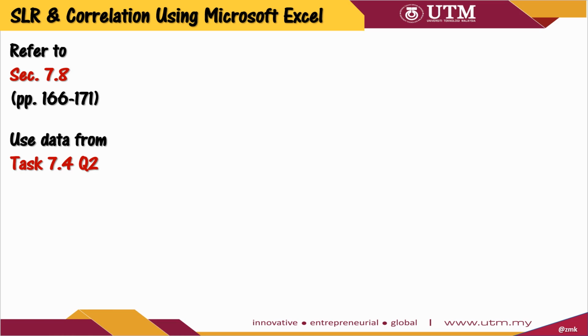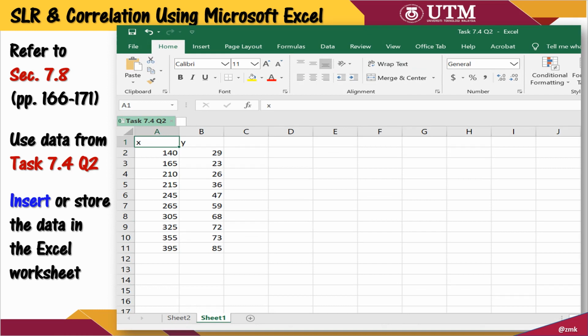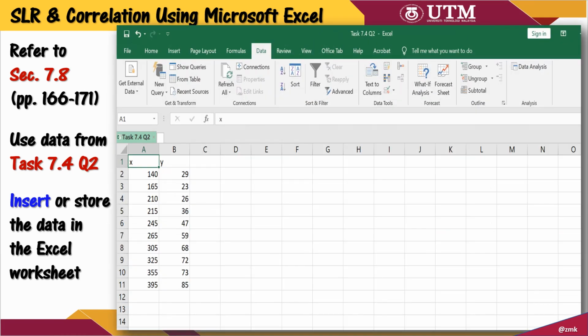First, get your Excel worksheet and insert or store the given data column by column in the worksheet like this. Next, click Data on the menu bar and then in the Data menu, click Data Analysis.